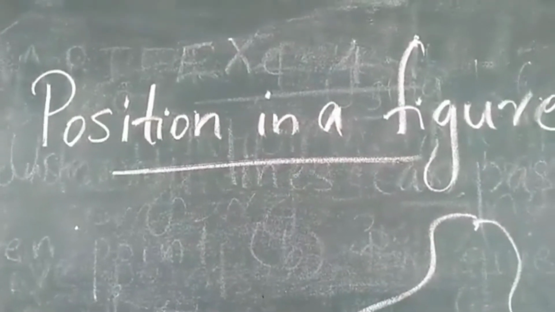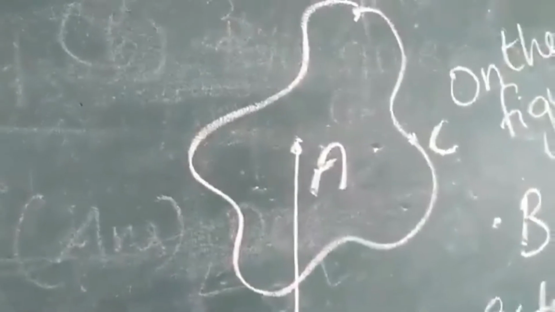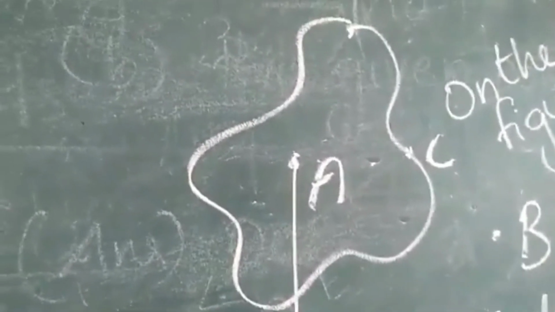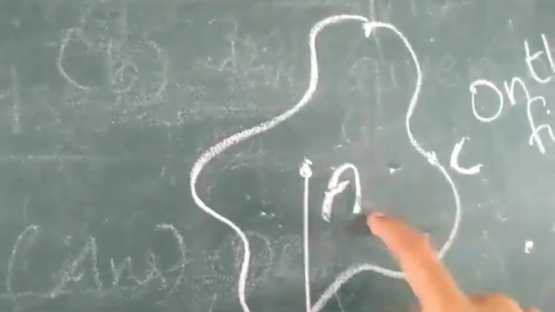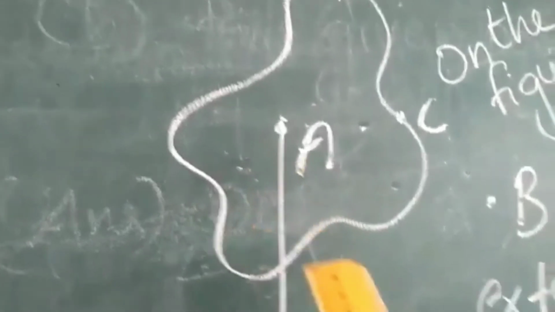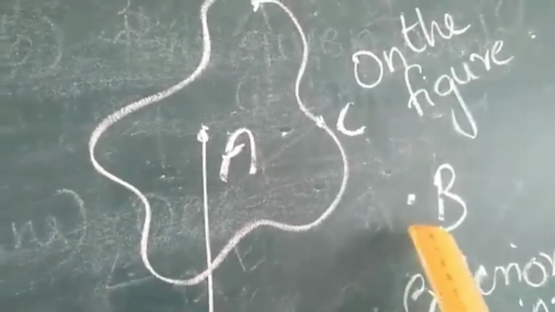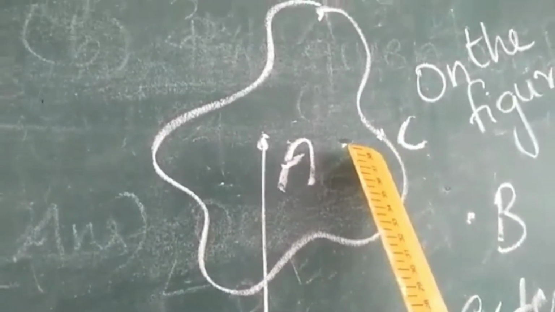Next topic is position in a figure. If we draw a figure here, and I mark one point inside the figure, A is inside the figure, this point B is outside the figure and C is on the figure.